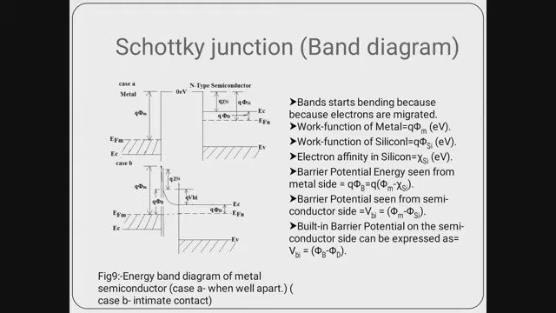Now electron affinity is the energy attained by moving an electron from vacuum to the bottom of the conduction band. Suppose this is the vacuum level over here. From the vacuum state to the conduction state, how much energy is required to move an electron, is called electron affinity, which is denoted here by E of chi.